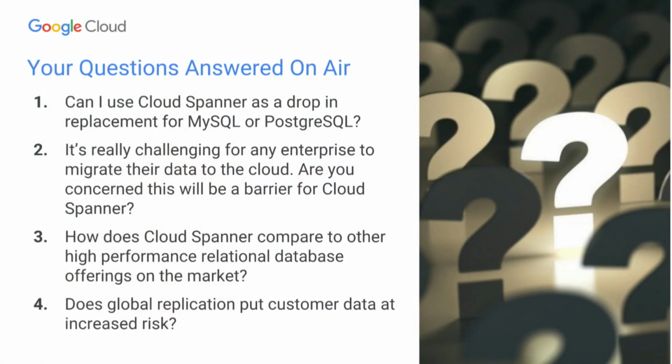When we're looking at other high-performance relational database offerings in the market, how does Cloud Spanner compare? I think we've covered it before, but just to re-emphasize it, it comes up again. Absolutely. There are a lot of interesting innovations out in the market today. Cloud Spanner provides you with a differentiated offering that's fully managed.